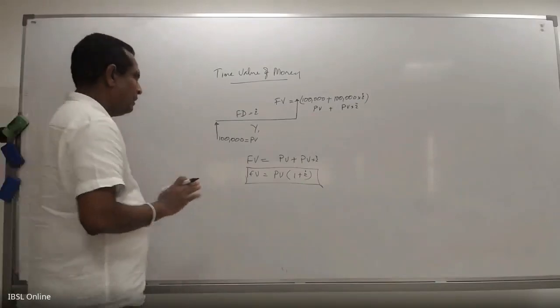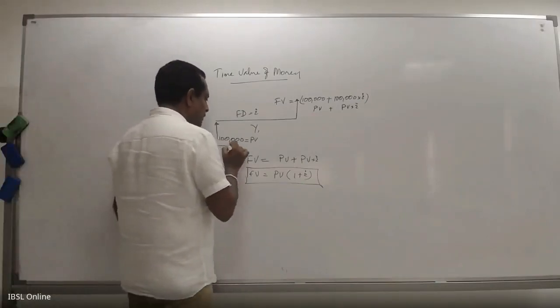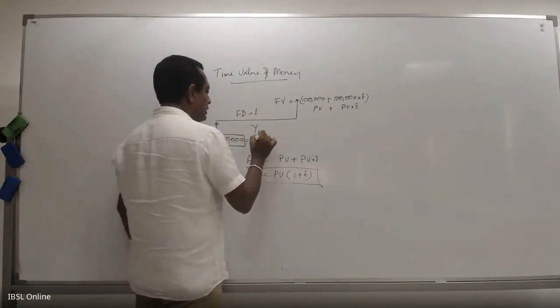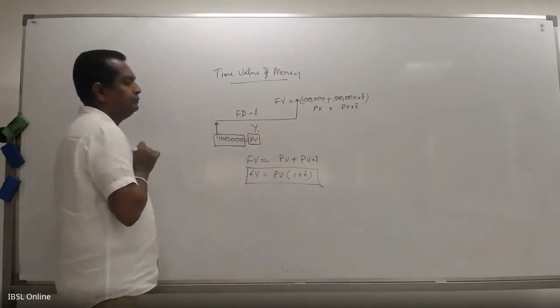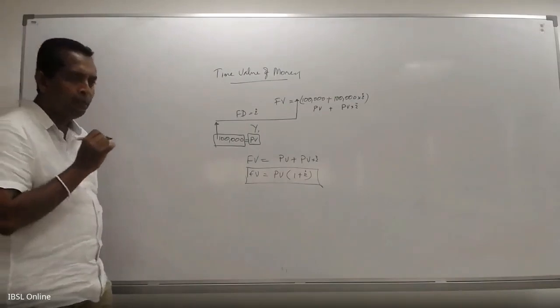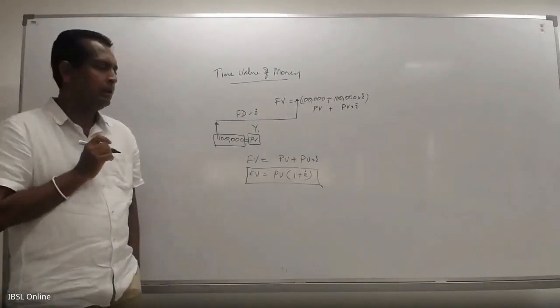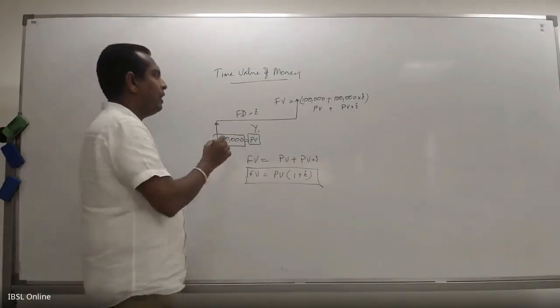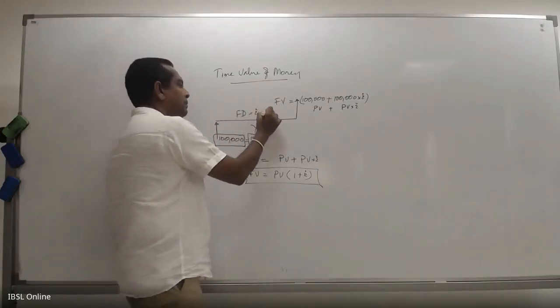So it is very easy. You have an investment today, you have some money today, which is we call the present value. Right? If you invest in a FD for 1 year, FD at the rate of I, it can be 10% or whatever.